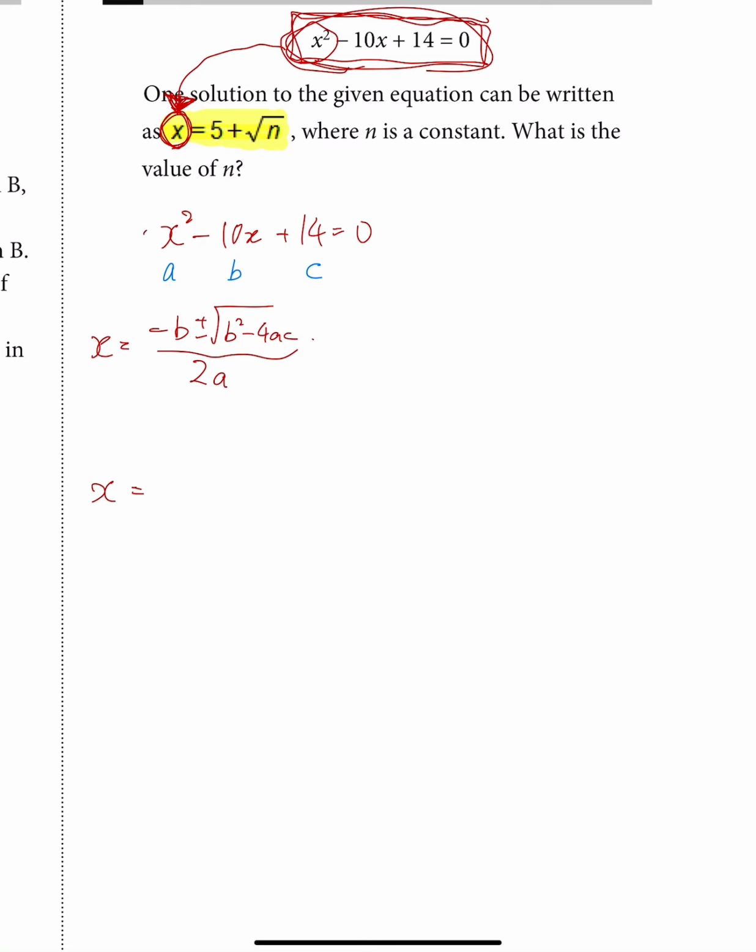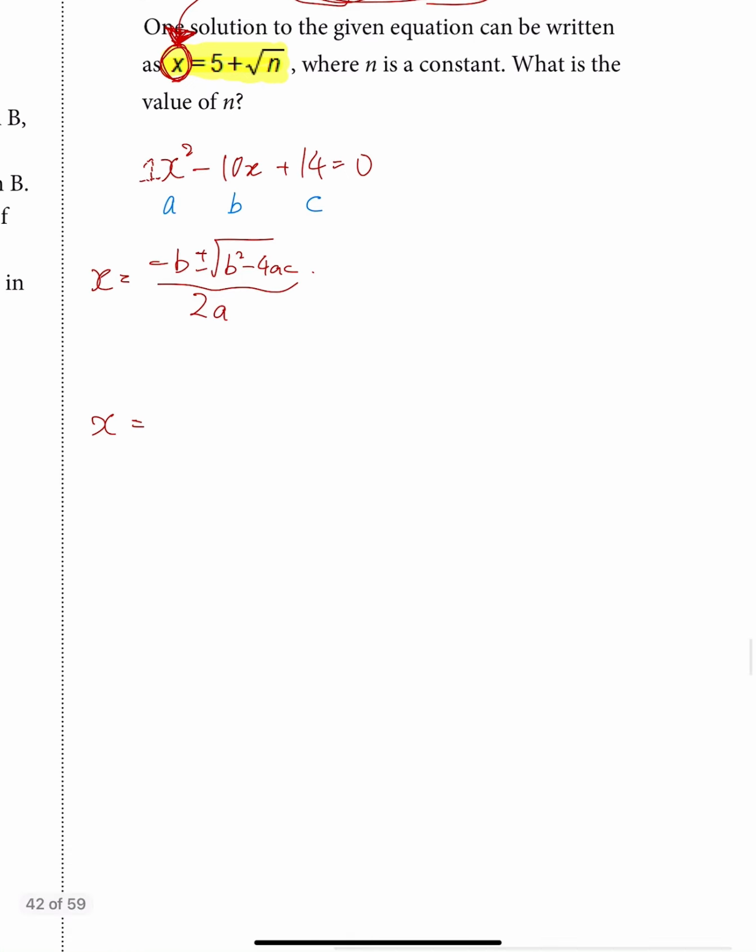We have x, but there's 1, so we can say 2 times 1. How about b? We have negative 10, but the quadratic formula has negative b, so negative 10 becomes positive 10, because we have a negative here and a negative there. So positive 10 plus minus root b squared.